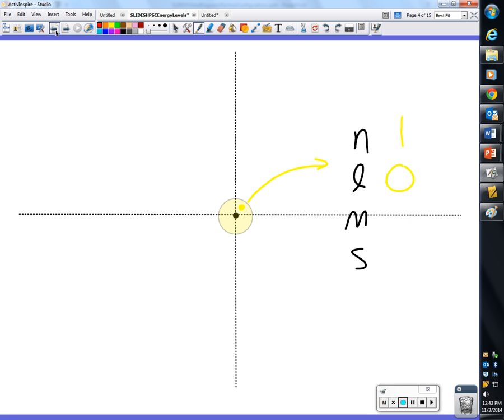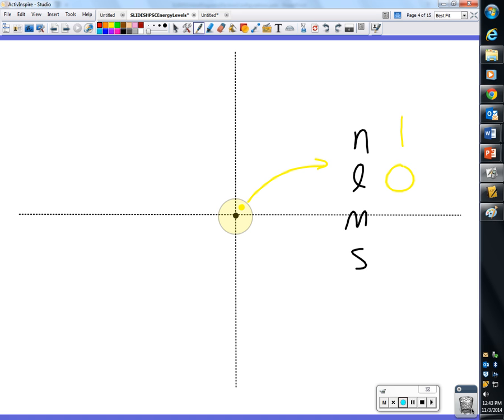This is the 1s orbital. Okay? n is 1. l is 0 because it's an s orbital. But n is 1 because it's the first principal energy level. Where is this orbital, Angela, in relation to the nucleus? Very close, meaning that electrons in it have how much energy? Low amount of energy, right?